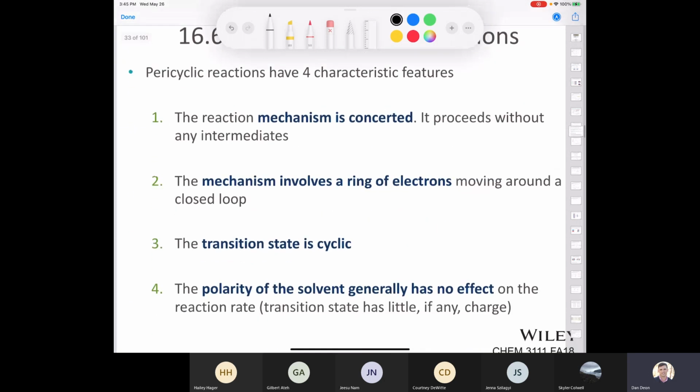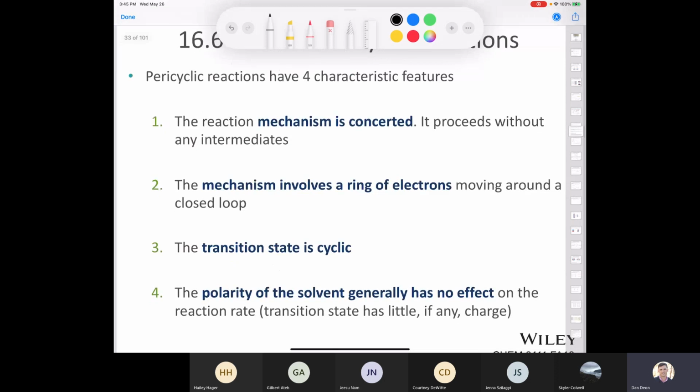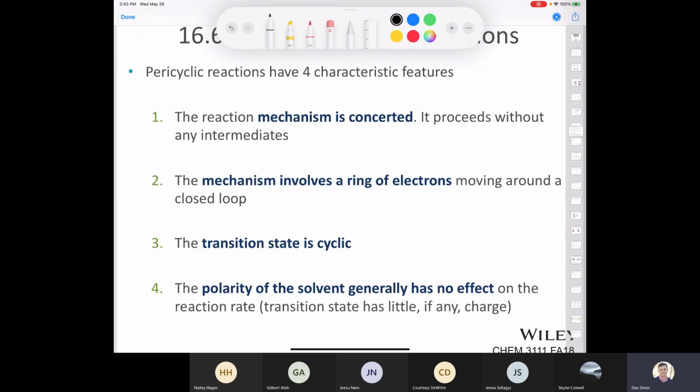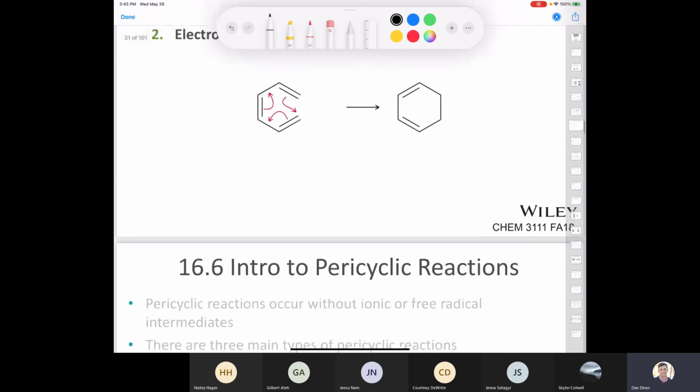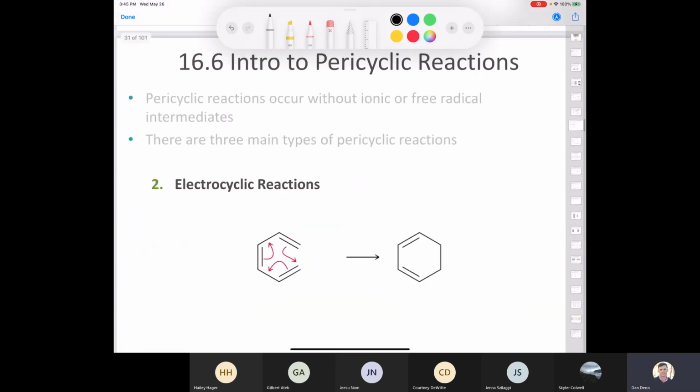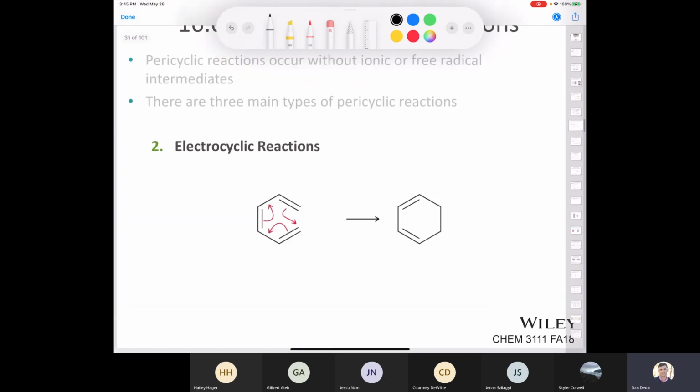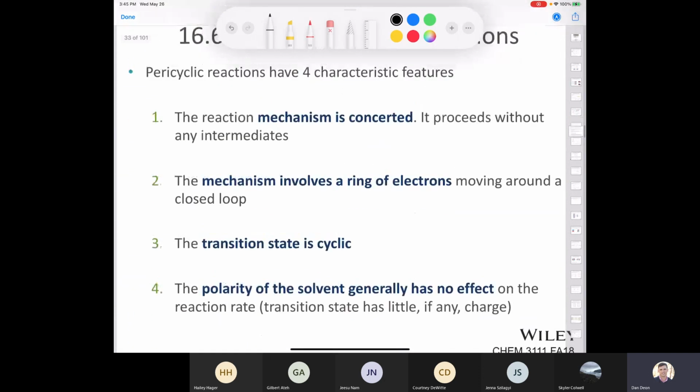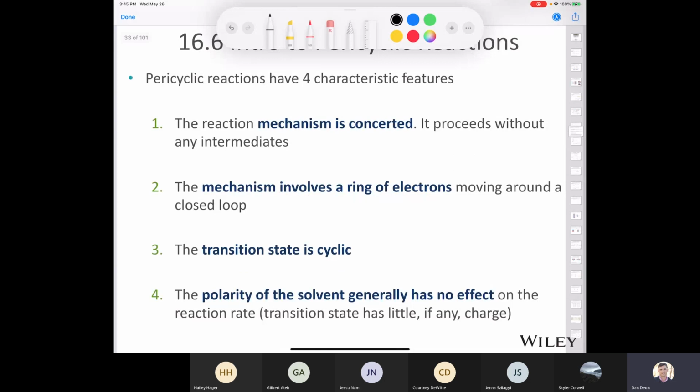Now, the difference between those and other types of mechanisms that we've looked at is that these reactions, the sigmatropic rearrangement, the electrocyclic reaction and the cycloaddition reaction, all have in common that their reaction mechanisms are concerted. If you go back and look at the curved arrows, they all occur at the same time without any intermediates, right?